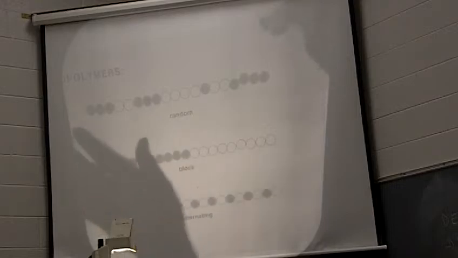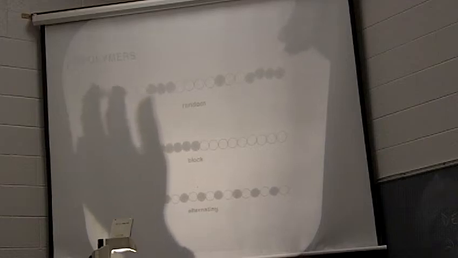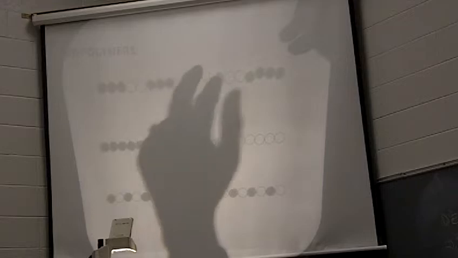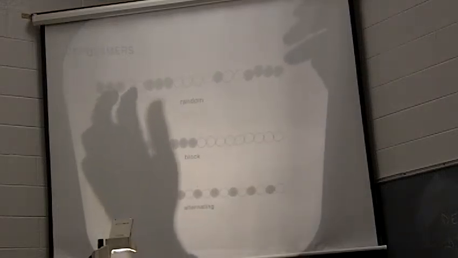Now, another thing you can do is, instead of just having the same monomer over and over again, you can link multiple different monomers together. So you can have copolymers where you have more than one monomer in the polymer that you're putting together. You could have some sort of pattern where you link a couple of one monomer, then a couple of another, back and forth, or make it some sort of random linkage where you just mix things together and see how it falls out.